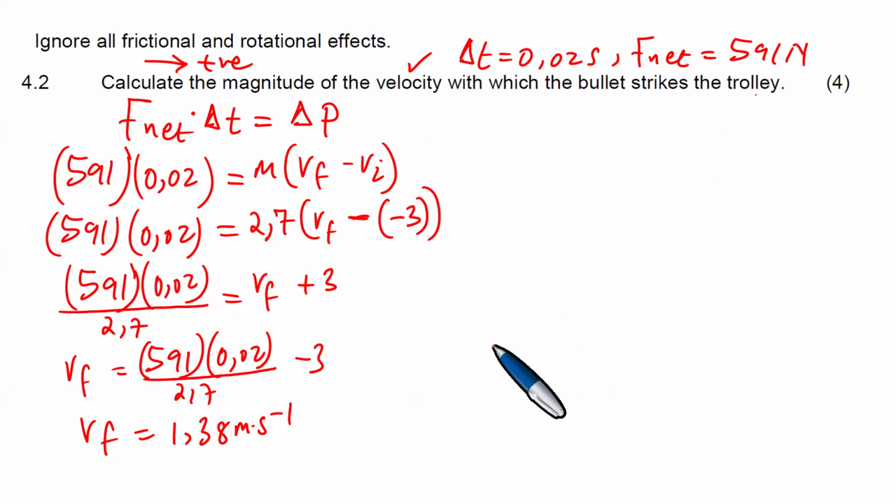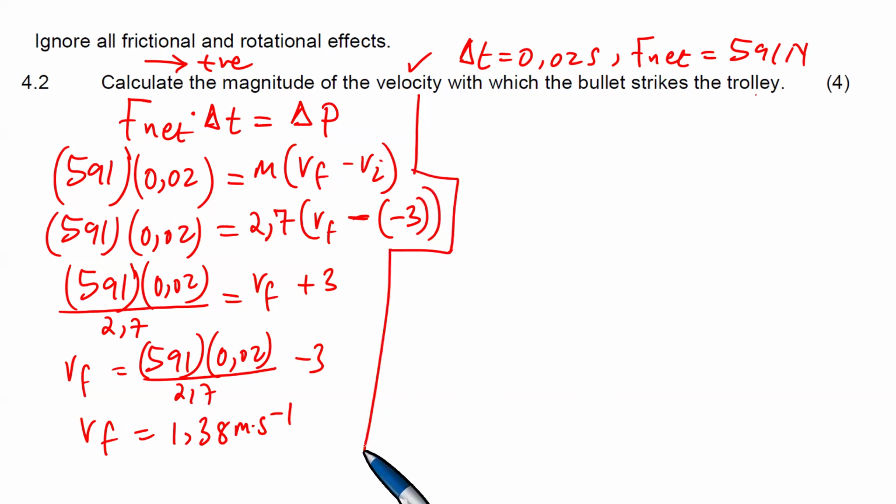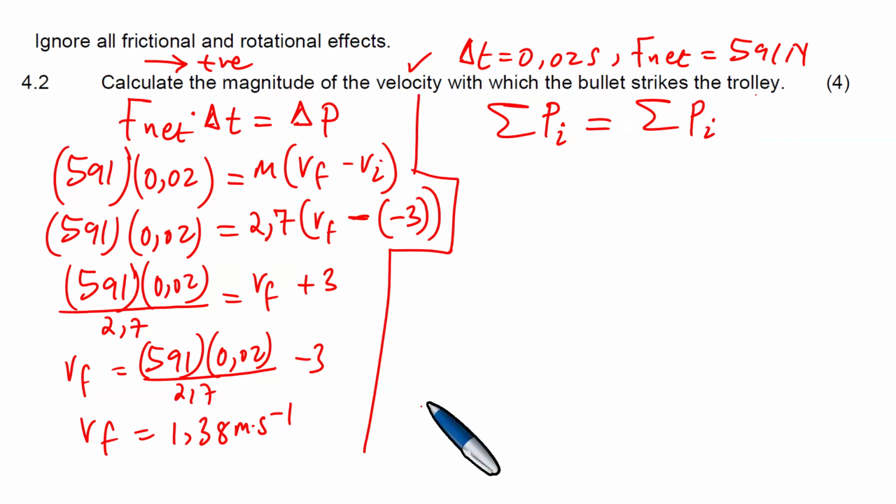We are going to divide our board for convenience and use the formula for momentum: the sum of all momenta before collision is the same as the sum of all momenta after collision.